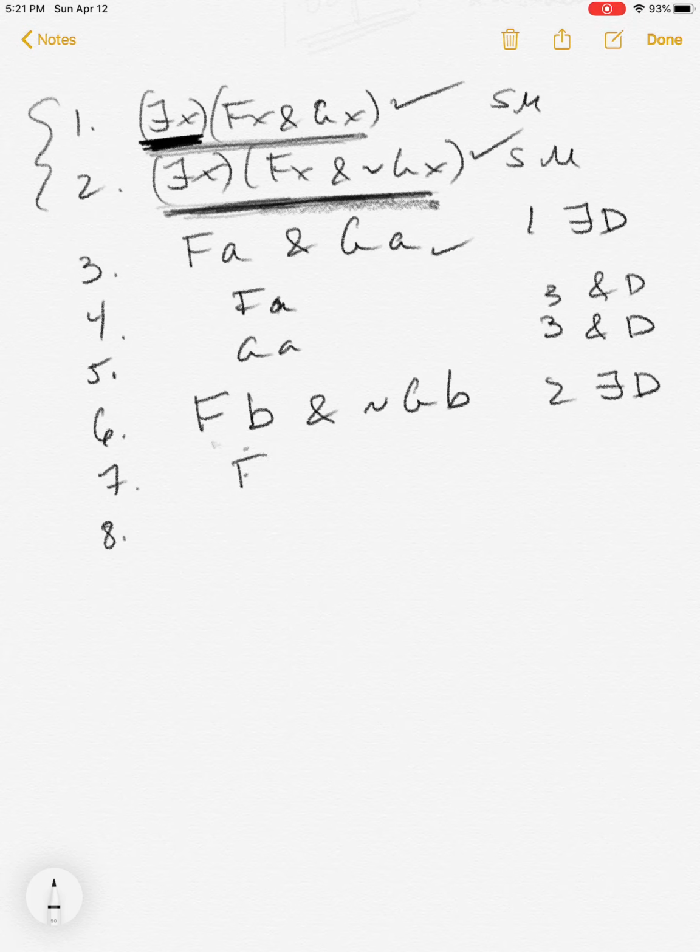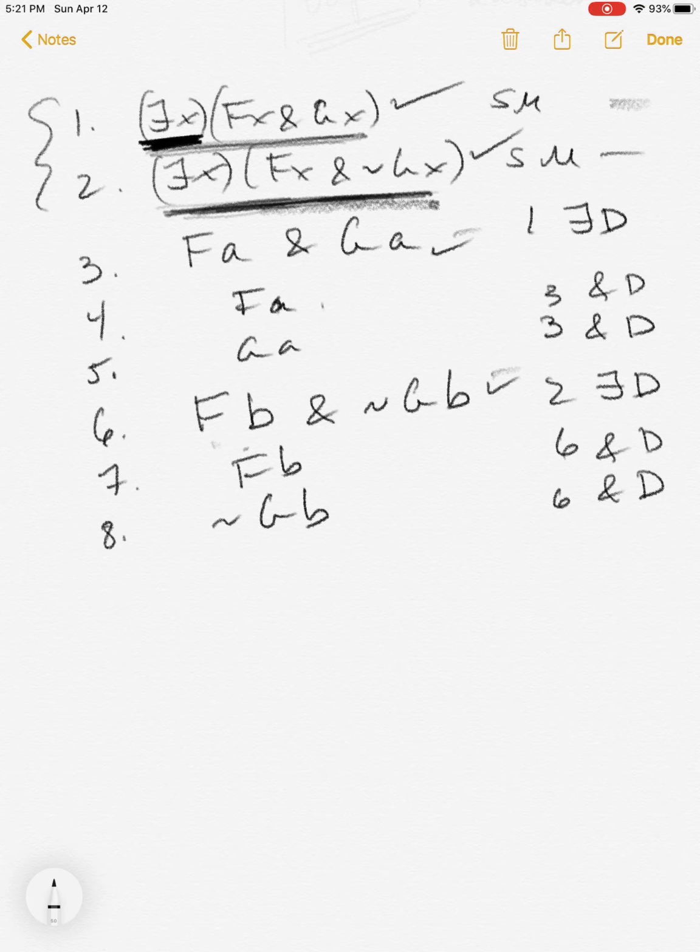And now I'm going to decompose line number 6. I get FB, not GB. And I get that from 6 by conjunction decomposition. And everything that is decomposable has been decomposed, right? That's been decomposed, that's been decomposed, that's been decomposed, that's been decomposed. The only thing that doesn't have a check is a literal.